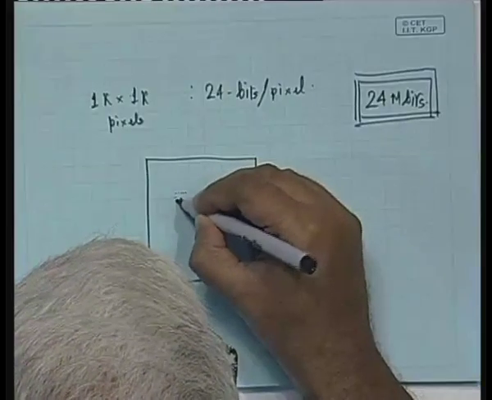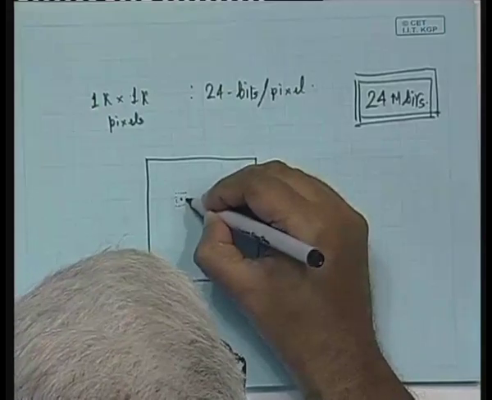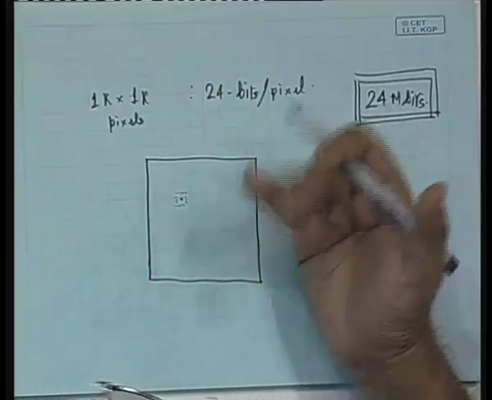May not be the immediate neighbors alone, but those which are quite close by, maybe 4 or 5 pixels on this side, 4 or 5 pixels on the other side, up and down. If we take this entire neighborhood, we will observe a significant amount of correlation. So, we have to basically utilize this redundancy in our encoding process.